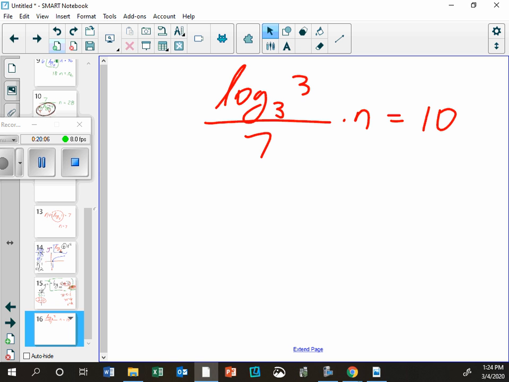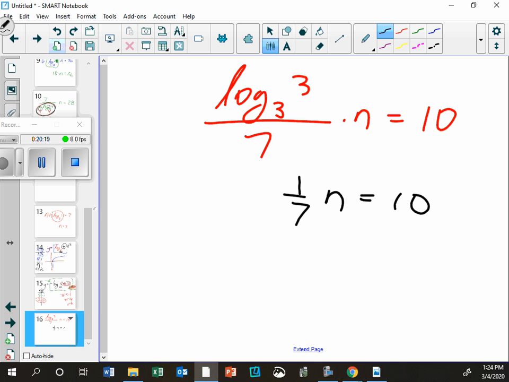So you look at that log base 3 of 3 and go, ha, that's just, what is it? It's just 1. So then if that's 1, then this is just 1/7 n equals 10, and now it's super simple. Just get good at simplifying those logs. All right? Times it by 7 on both sides, n equals 70.